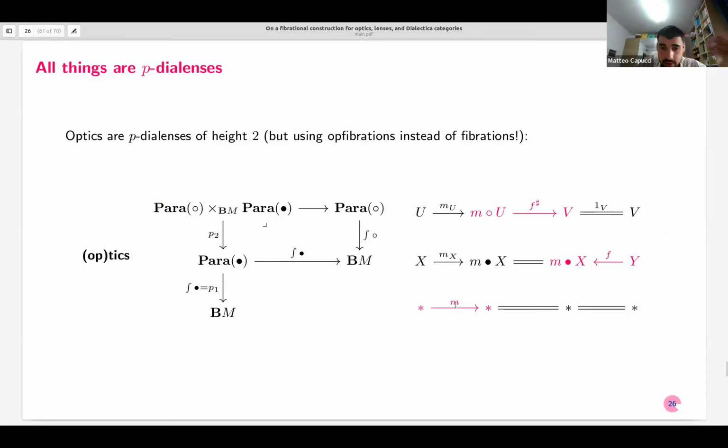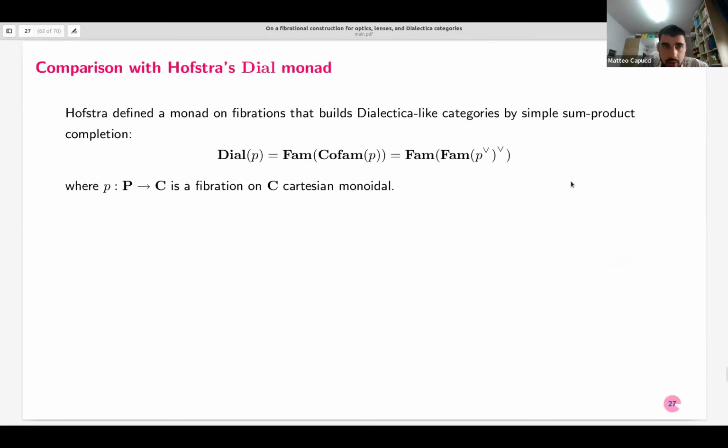And then a morphism is given by first a choice of residual in M, and then a map from Y to M times X, and this is the forward part of the optic, and the other one goes the other way around. Okay. And so we get something very close to optics, and this is somehow interesting.